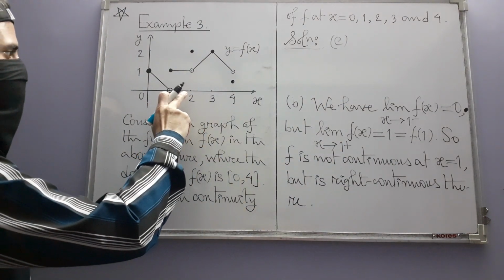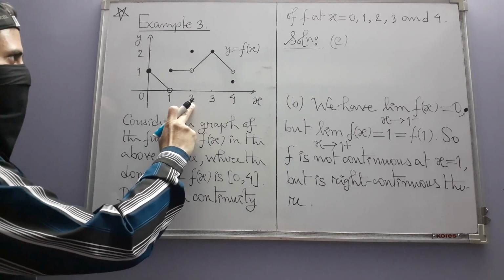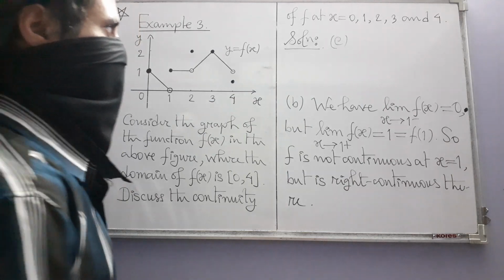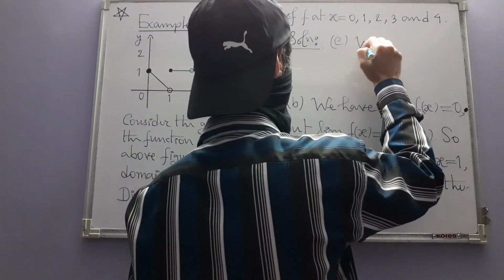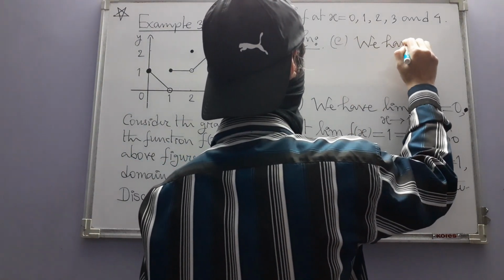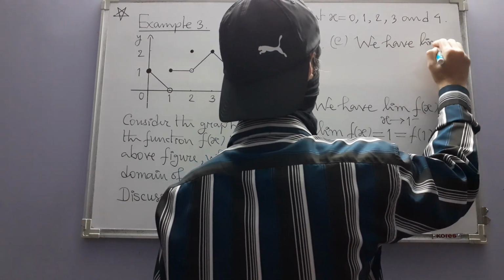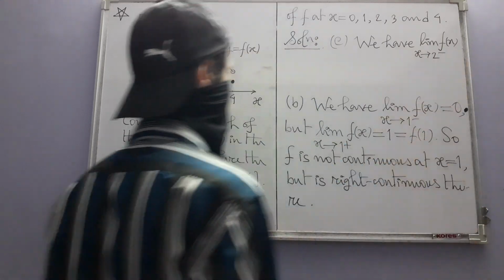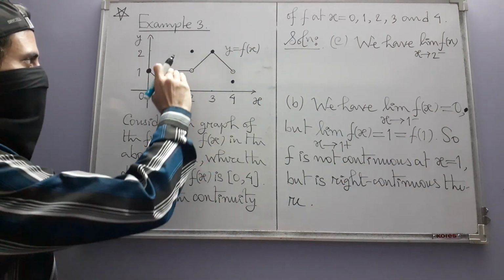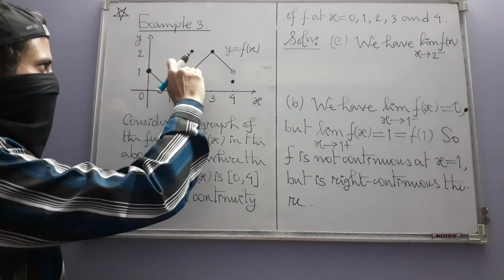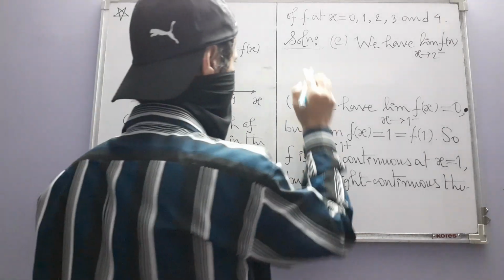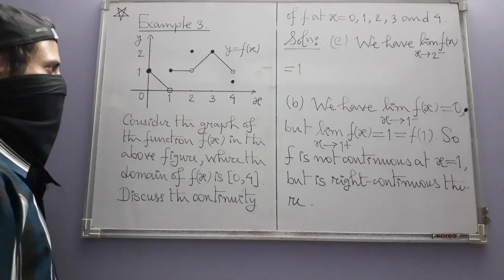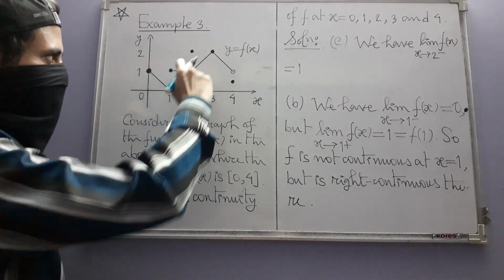Now, what is the limit at 2? Does the limit exist? Let us see the one-sided limits first. Let us first see the left-hand limit at 2. The left-hand limit is 1. And what about the right-hand limit? The right-hand limit also turns out to be 1.